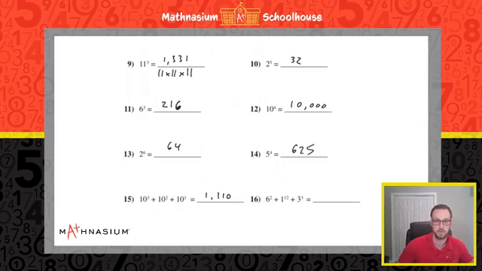All right, so let's do number 16. 6 to the 2nd power is 36, plus, we know that 1 with any exponent is still 1. And then looking at 3 to the 3rd power, 3 times 3 is 9, times 3 is 27.